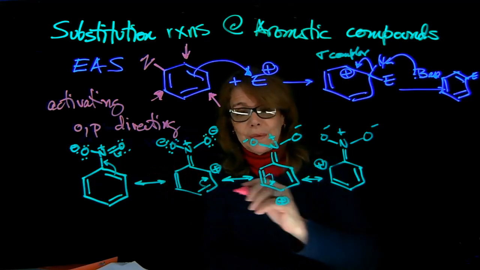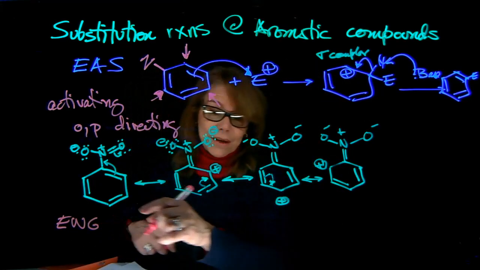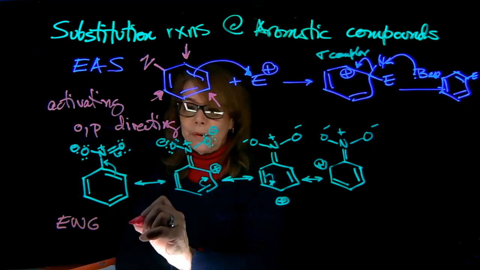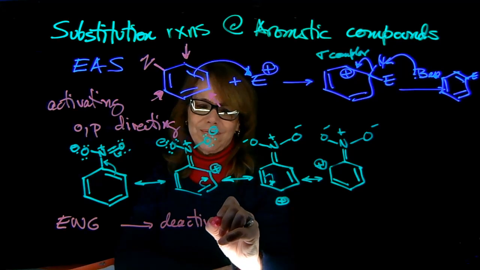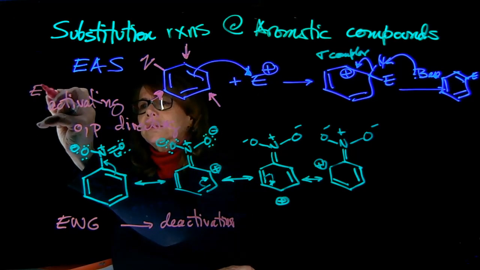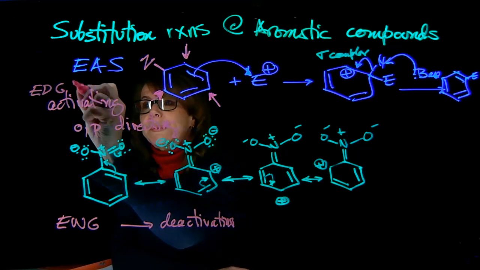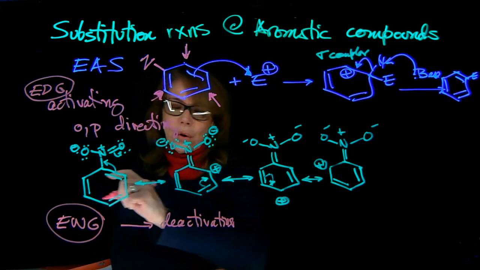So these groups that are electron withdrawing groups, because they remove electron density from the ring, are deactivating. So activating are electron donor groups. Deactivating are electron withdrawing groups.